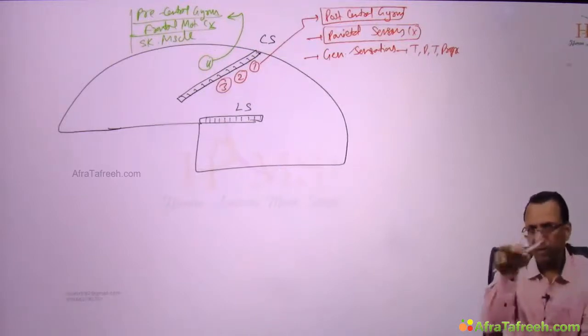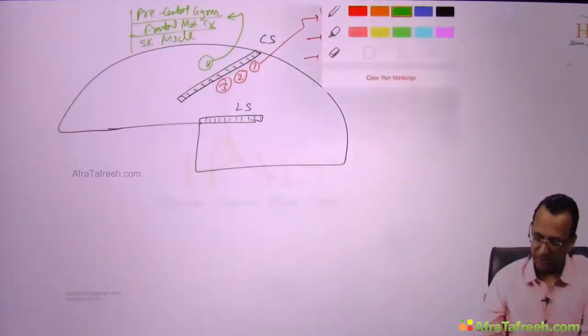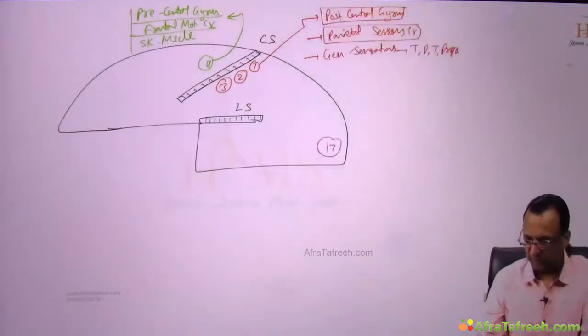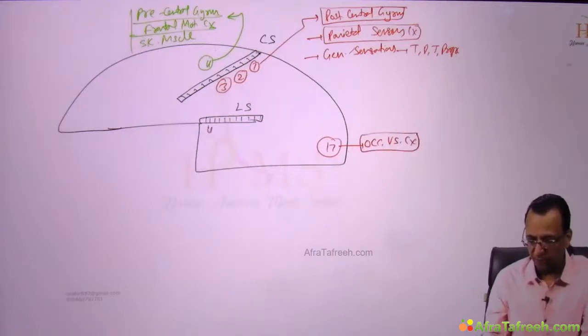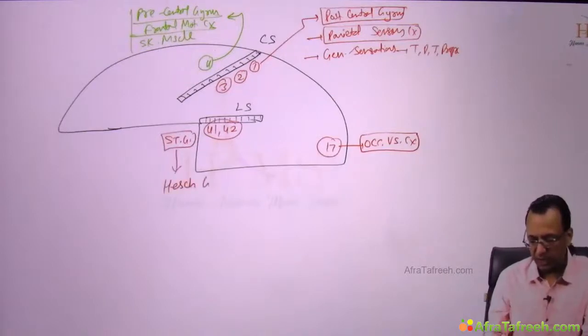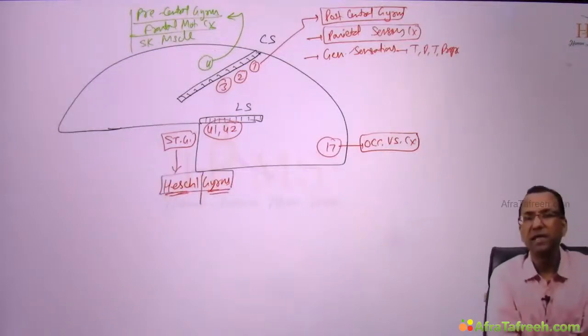Then what about the vision? Where is the vision coming? Vision will come to area number 17, and as you're talking about area number 17, that will be the occipital visual cortex, whereas 41, 42 is the superior temporal gyrus. It is also called Heschl's gyrus. Heschl's gyrus. One of the JIPMER questions asks about Heschl's gyrus.